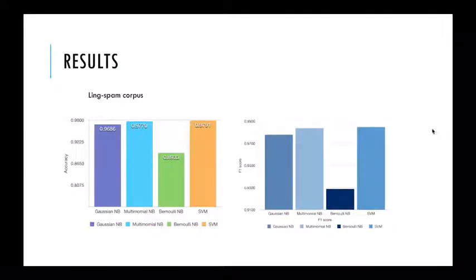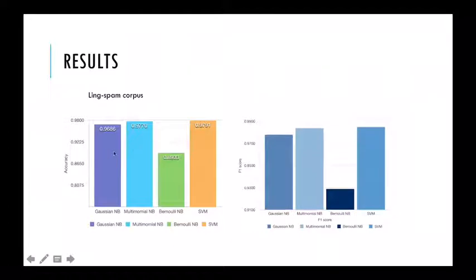Now let's take a look at the results. This is the results for the Ling-Spam corpus. As we could see here, this is the accuracy of the 4 different methods. It is obvious that support vector machine has the best accuracy of the others.